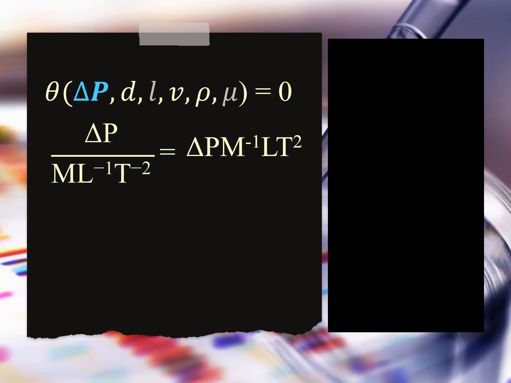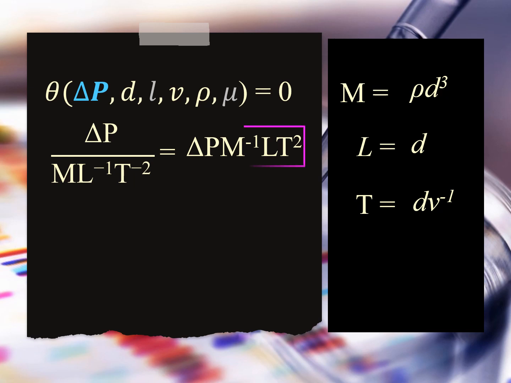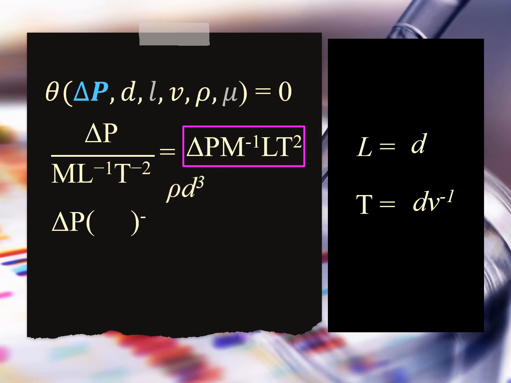Now, we have already determined that M equals density times D cubed, L equals D, T equals D times V raised to negative 1. So we can now substitute the variables of M, L, and T into our written expression of change of P, M raised to negative 1, times L times T raised to positive 2.